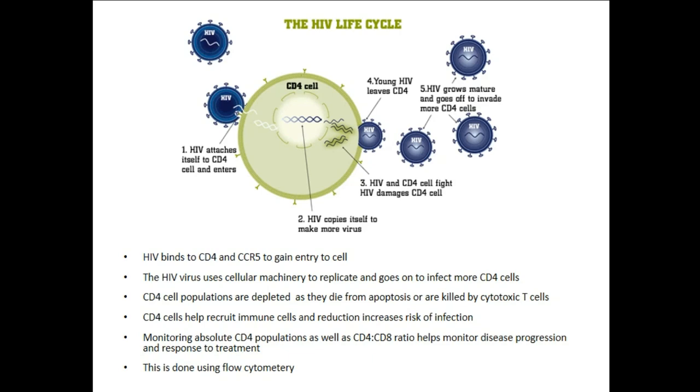And the ratio of CD4 to CD8 is critical in the prognosis for HIV infected patients. As I identified earlier, the ability to quantify the amount of CD4 or CD8 cells is undertaken using flow cytometry.